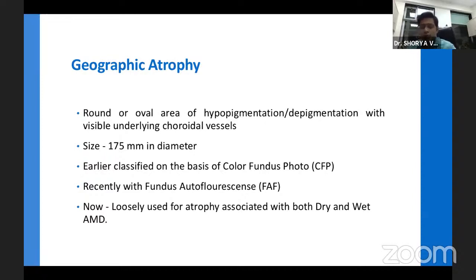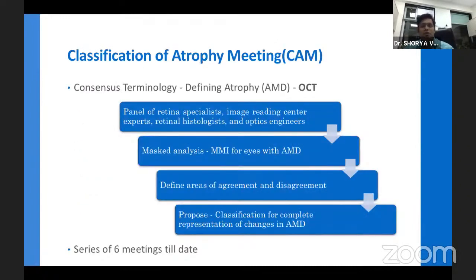So what now has become is that we have got a classification of atrophy. A panel of retina specialists, other retinologists, and histologists came together, and they gave a consensus terminology defining atrophy specifically in AMD.